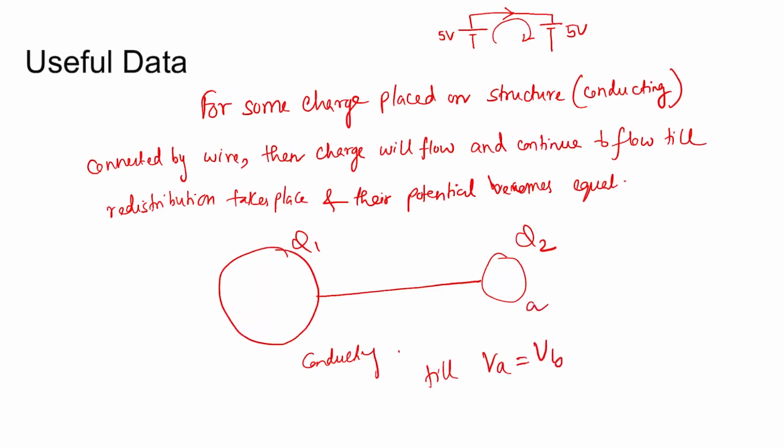So if this is A and this is B of radius, then VA equals VB. That must happen since it is connected by wire and both are conducting. So coming to the solution, VA must be equal to VB.